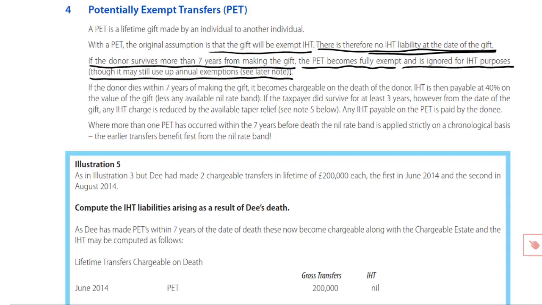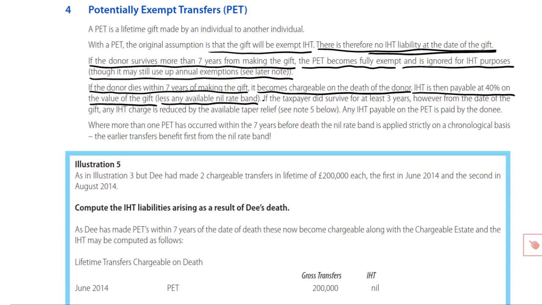So, what happens if the donor dies within 7 years of making the gift? Well, then that PET will indeed become chargeable on the death of the donor. IHT, then, as we know, would be payable at 40% on the value of that gift, less, of course, any available nil rate band.